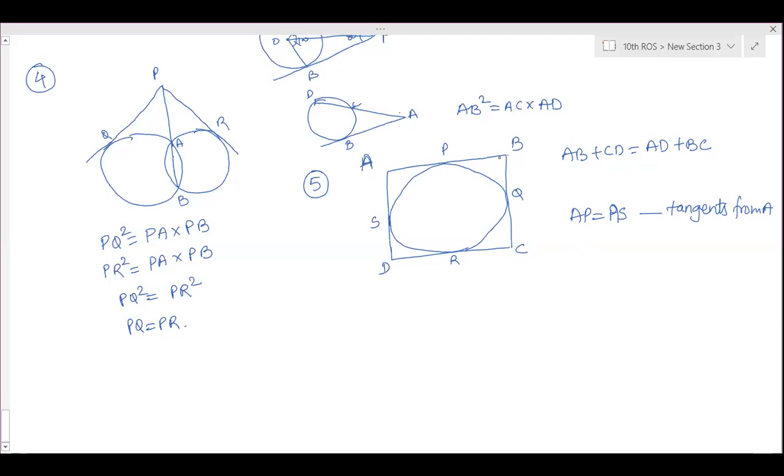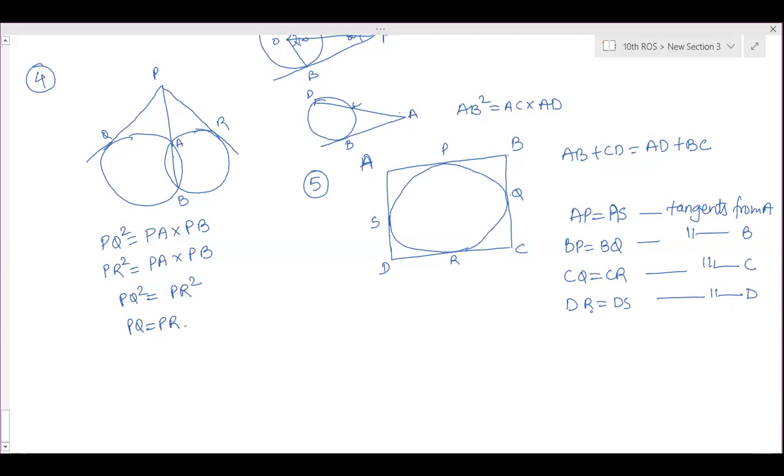Then BP is equal to BQ, tangents from B. Then CQ is equal to CR, reason is tangent from C. And DR is equal to DS, tangent from D.